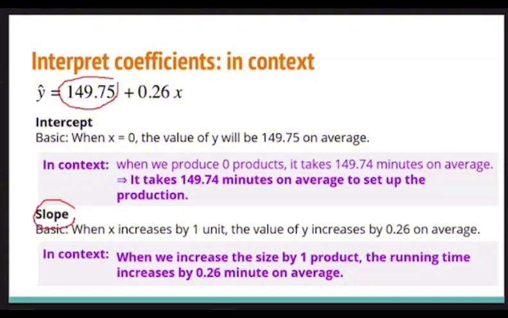When we increase it by 1 product, then the running time increases by 0.26 minutes on average. This is going to make sense, right? In the research world, if you want to put into consideration the context, don't just give a basic mathematical interpretation, but also give the contextual interpretation. Does that make sense?